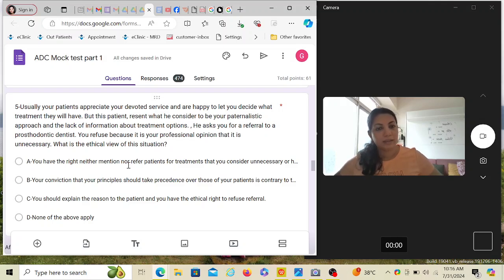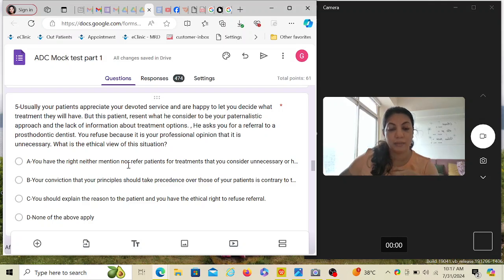So what the question is asking is, what is the obligation of the general dentist? Can the general dentist tell me it is not necessary and that's why I'm not going to refer you? Or should the general dentist feel that no matter what he is thinking, it is my ethical right to ask for a referral, and because I'm asking as a patient, he should be giving me one?